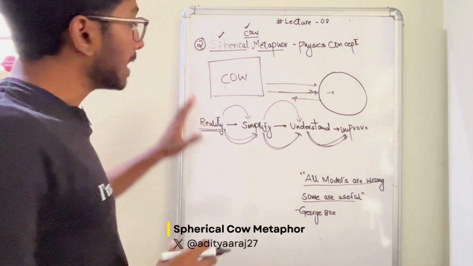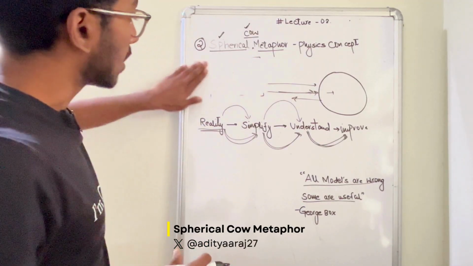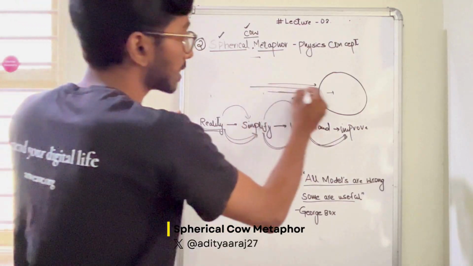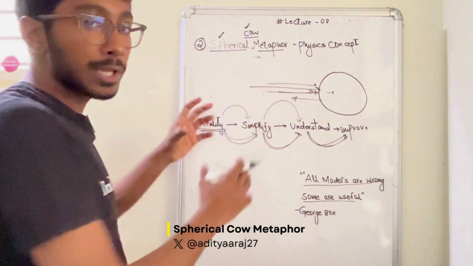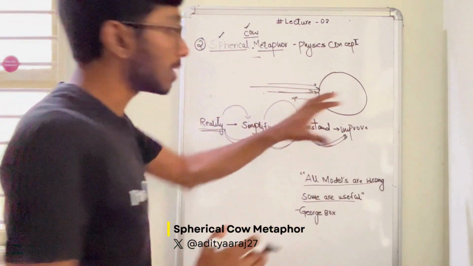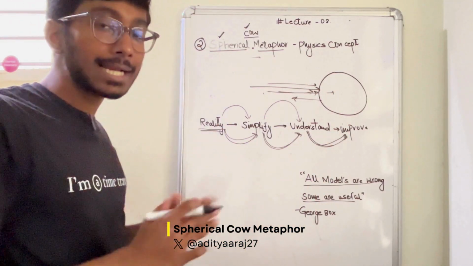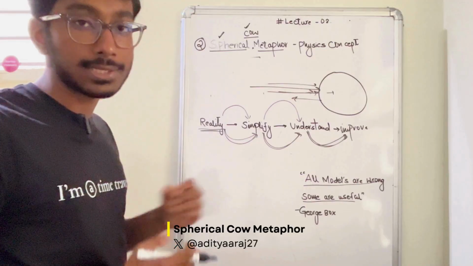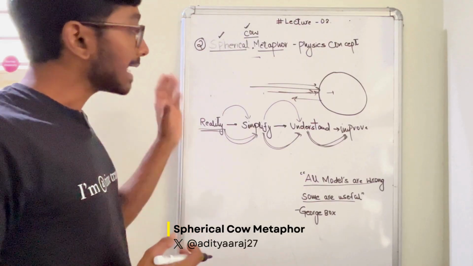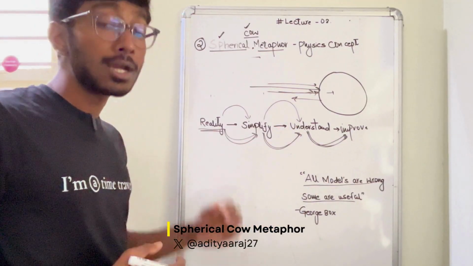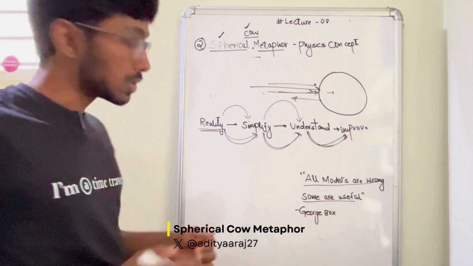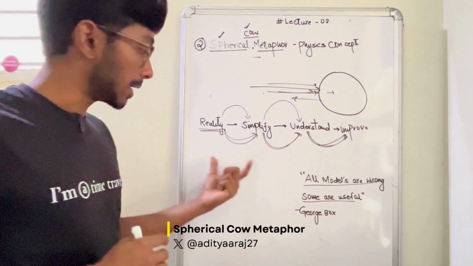Now for a moment, I'll remove this cow and convert it, for our understanding, into this circle. I just simplified a very complex looking animal to a simple shape called a circle. This is exactly what physicists are trying to do. They basically convert any complex thing into a simplified format and only then add more details to it after their understanding. So the entire flow for them looks this way.